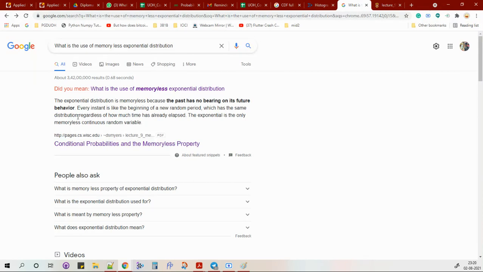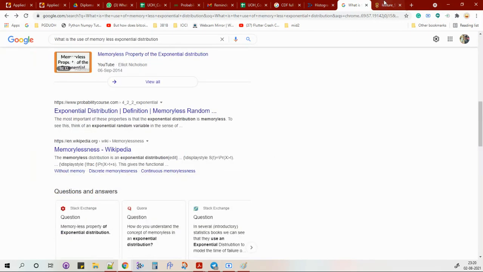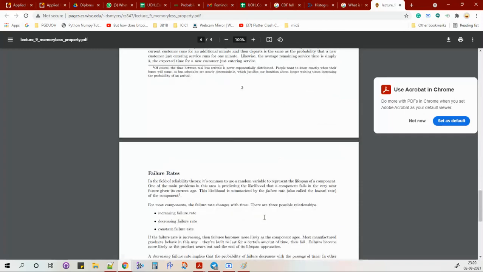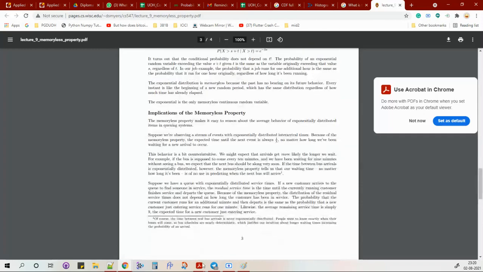Because if we can think of a Poisson event, then we can see whether this behavior of the exponential distribution is useful. But that's a good question. I will try to find some example, and we can do it offline. Sure.